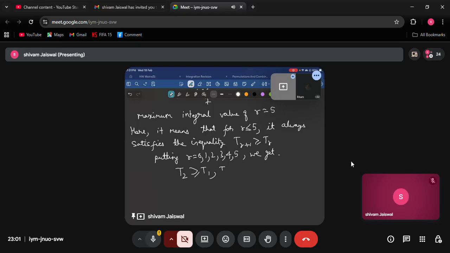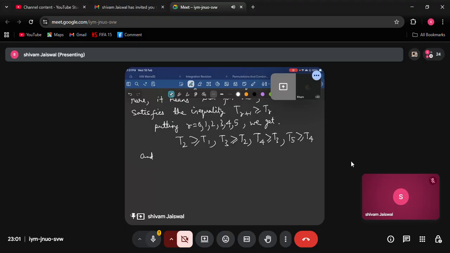T3 is greater than or equal to T2. T4 is greater than or equal to T3. T5 is greater than or equal to T4. And T6 is greater than or equal to T5.